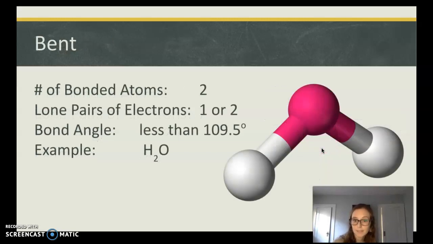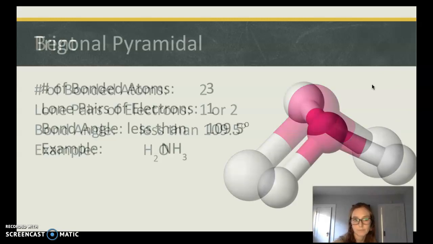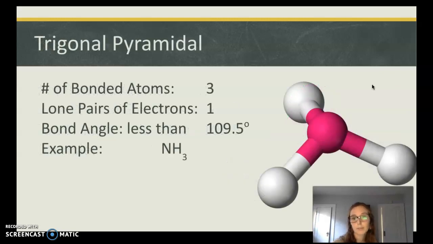Next, we look at bent. H2O is an example of this. They have one or two lone pairs of electrons sticking out, and then two atoms that are farther away. And of course, the lone pairs of electrons also cause repulsion from the others. Then trigonal pyramidal looks like a pyramid, so the name makes sense.